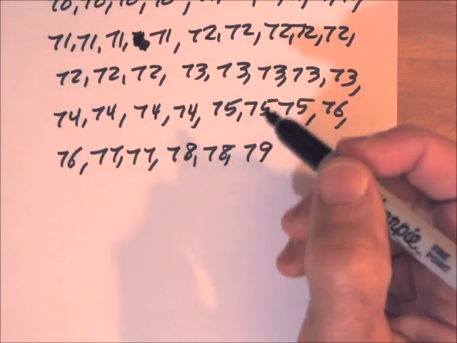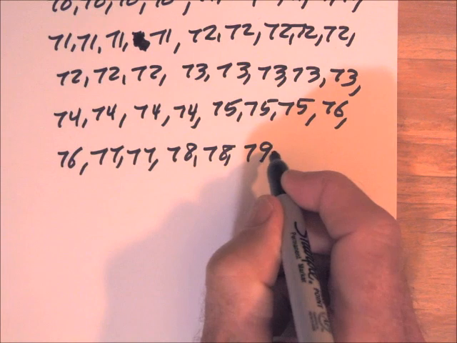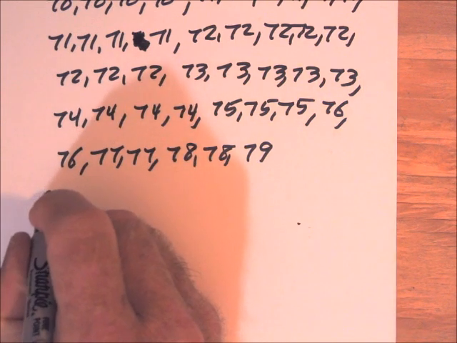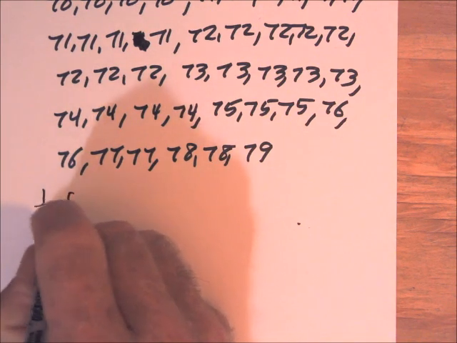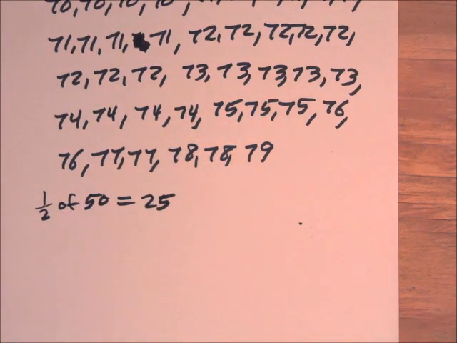Okay, so let's actually start with the median. There are 50 players, and half of 50 is 25. If we go 25 from the bottom and 25 from the top, we'll get the median.